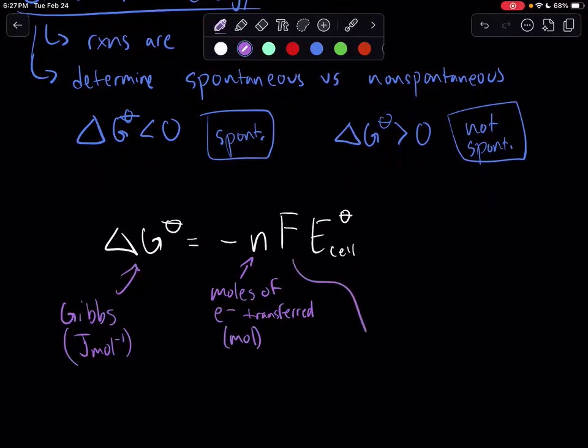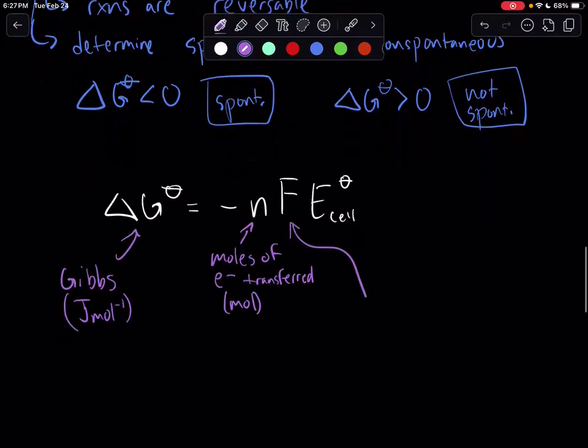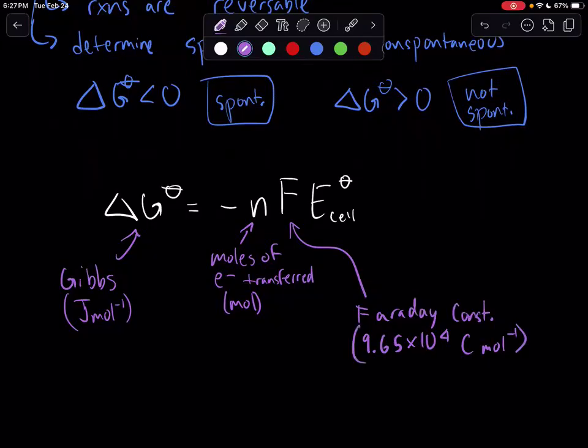F is a value from your data booklet, one that's more commonly used in physics, but this is Faraday's constant. That is a value of 9.65 times 10 to the fourth coulombs per mole. Lastly, we have our cell potential, and that's of course going to be in volts.